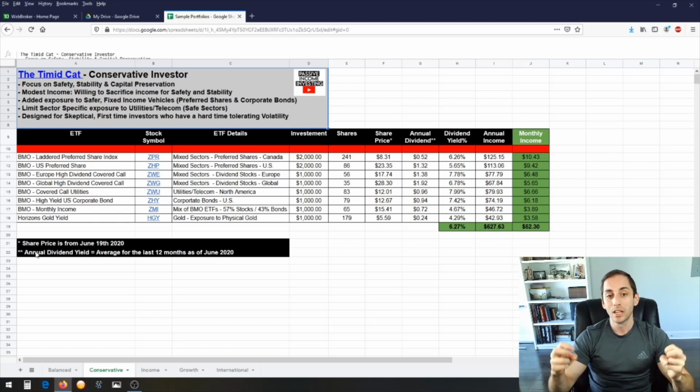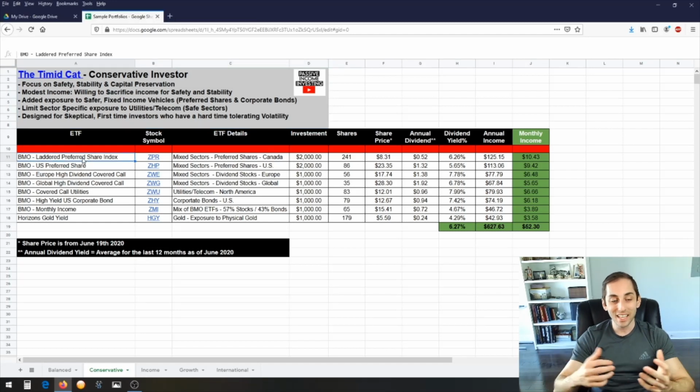Those are considered safer fixed income securities versus stocks, which are considered equity. So we're limiting sector-specific exposure only to telecom and utilities, which are really the safest and a very defensive sector. So this profile is really designed for skeptical first-time investors who have a really hard time tolerating volatility.